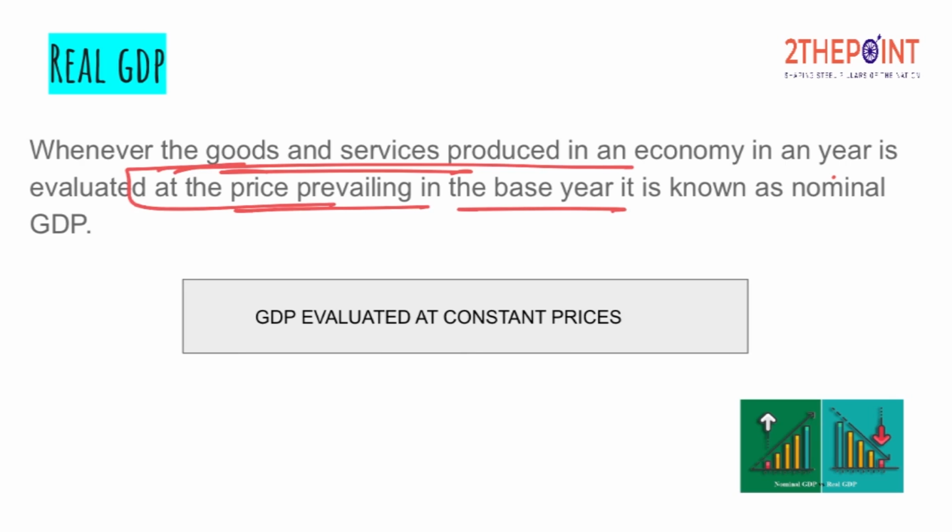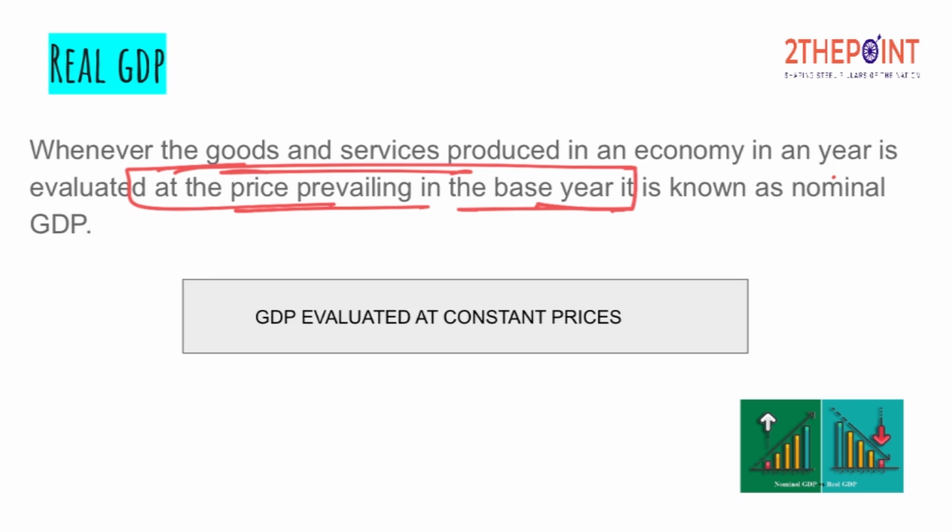Whenever we have to make certain comparisons of economic data, we usually keep 1 year, which is called the base year, and we compare everything with that base year, so as to get an exact idea of how much we have progressed, how much is the inflation, what is the growth rate, at what trajectory are we growing. The concept of base year is very important in economics for understanding every concept.